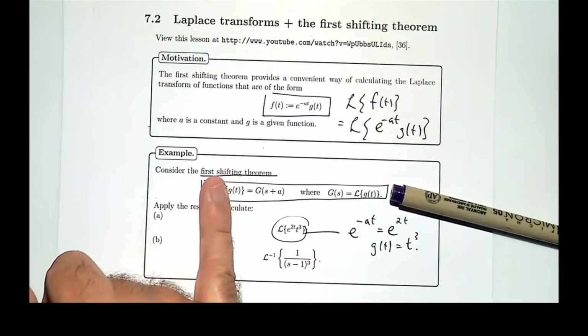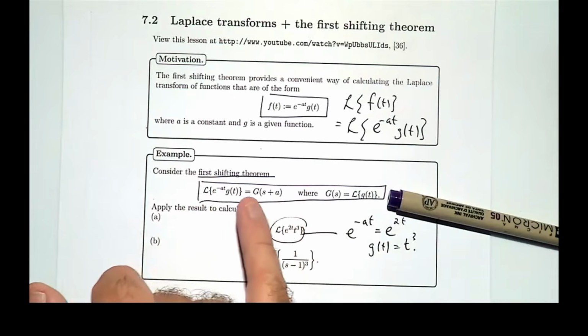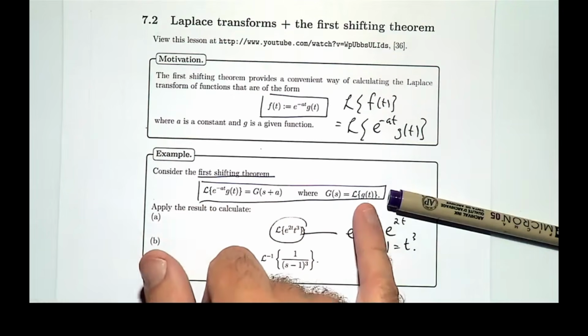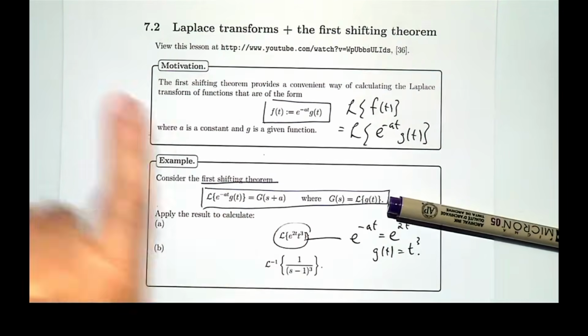Right? You compute the transform of this g function, and then you shift it a units. Okay? So there's a certain art form in using the tables and then doing some algebra to shift the function.